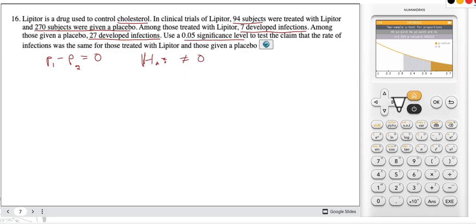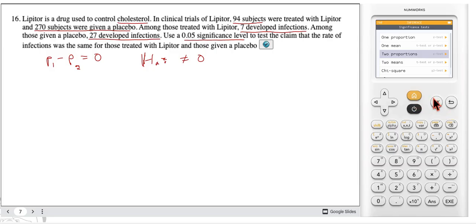Okay, so let's go ahead and get this set up. Not much more calculations that we need to do. Two proportions. Null hypothesis is always that they're equal. So the alternative is going to be that they're not equal. Not greater than, not less than, but just not equal.